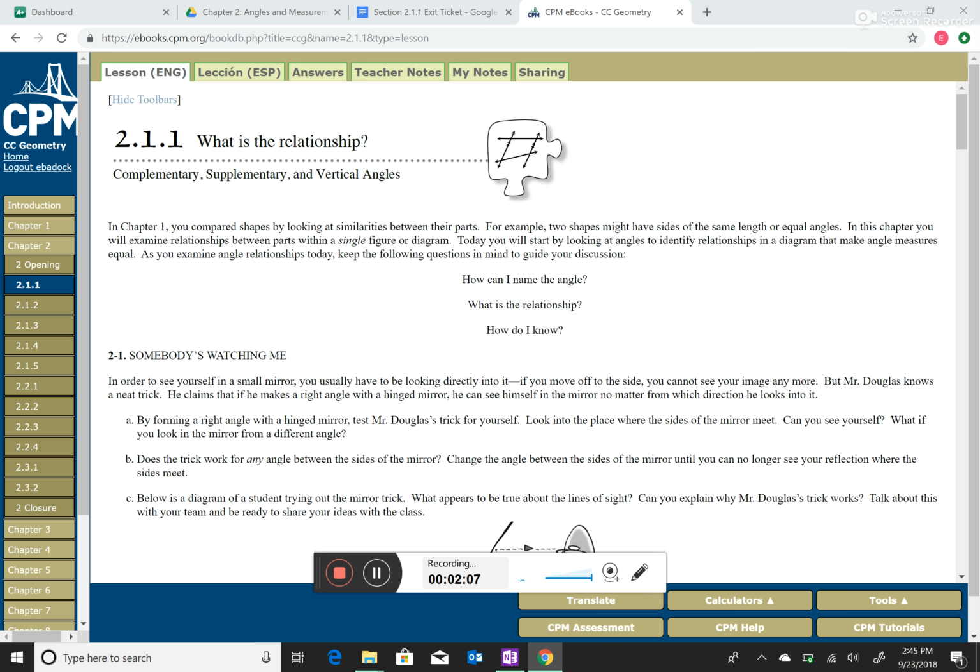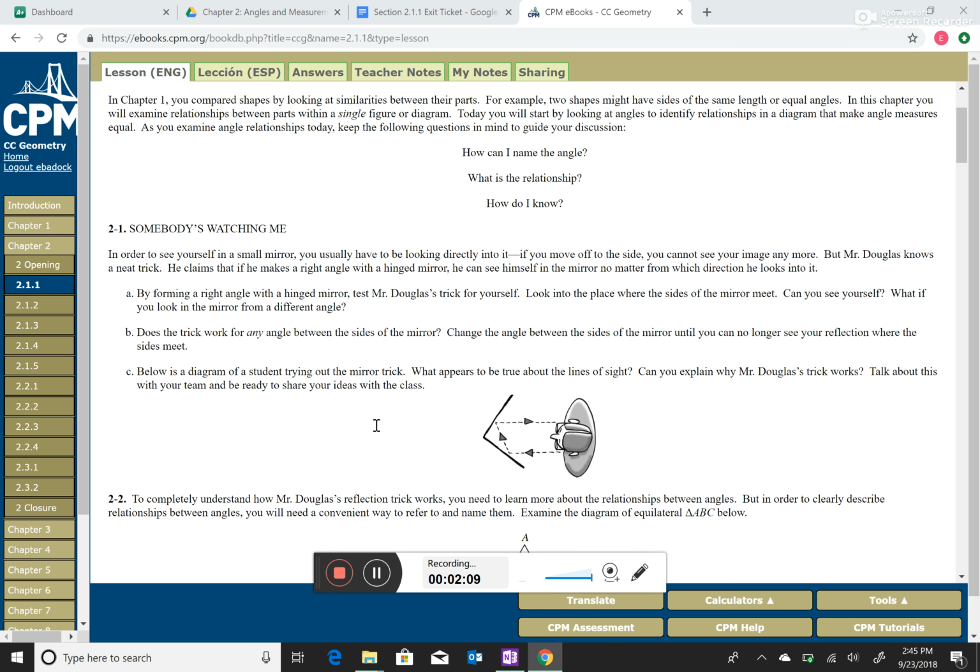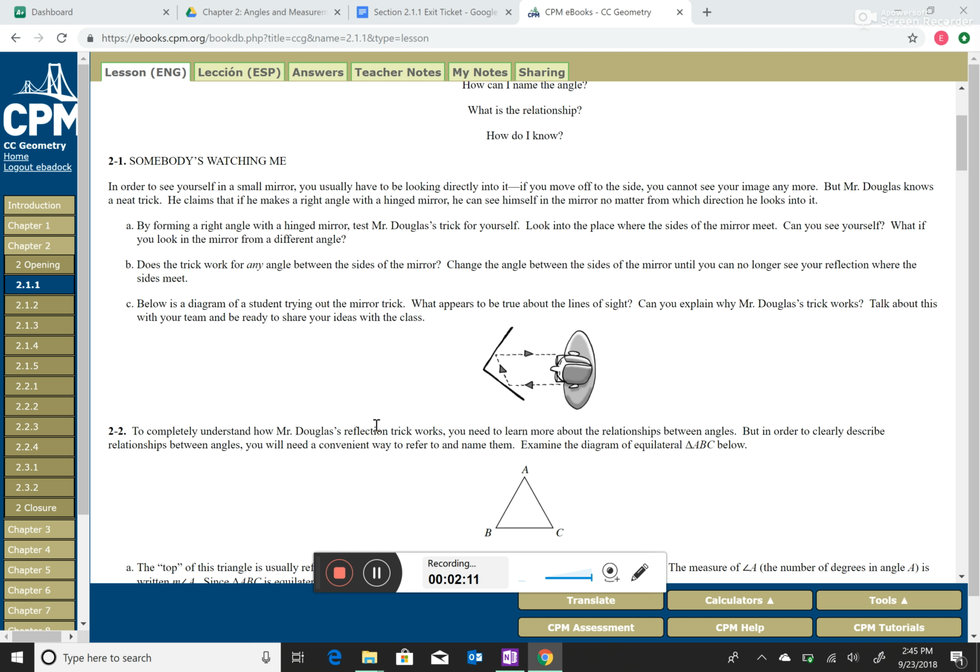When you come into class, you will start with problem 2.1, which, like we talked about, is that mirror hinge problem. I'll give you 5 minutes at the beginning of class just to work through the hinge problem. You will talk about those 3 questions. You don't really have to write anything down unless there are any big main ideas.